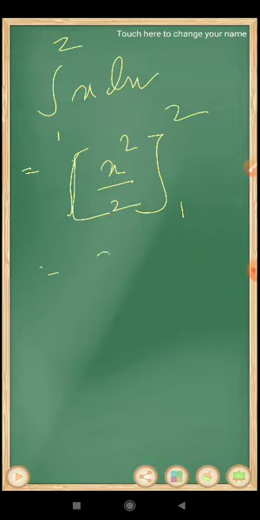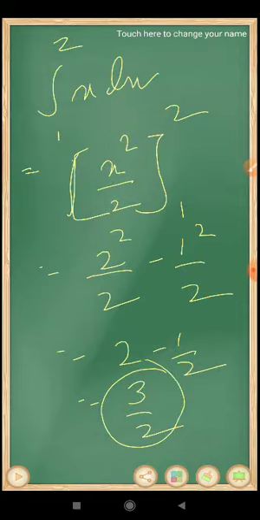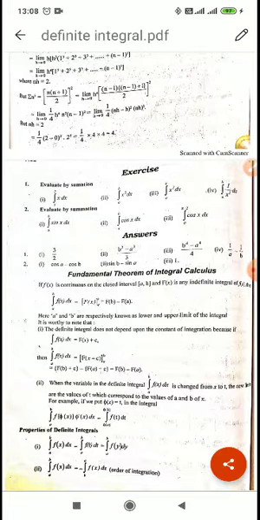So 2 square by 2 minus 1 square by 2. 2 square by 2 is 4 by 2, which is 2, minus 1 by 2. So 2 minus 1 by 2 is equal to 3 by 2. This is the answer we have got. Now you go for the second question.